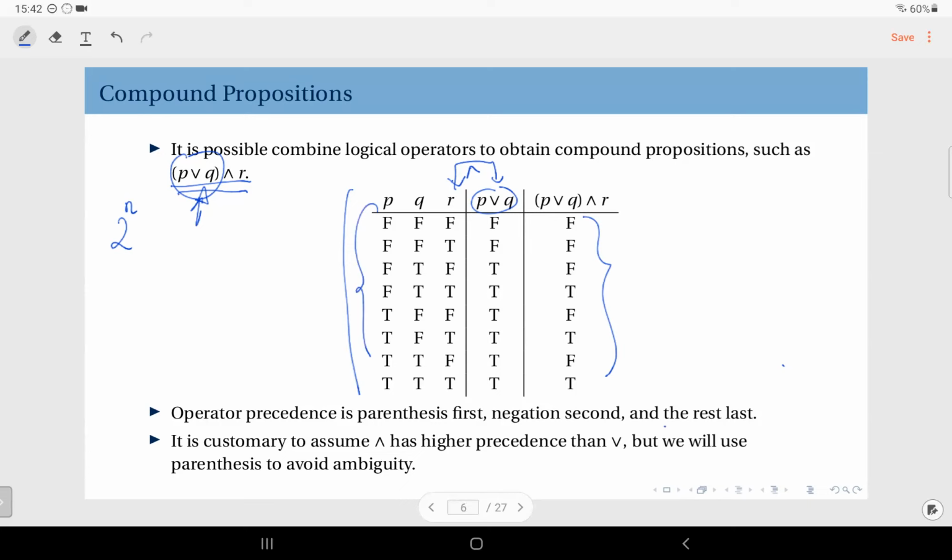Right, so operator precedence is, as I said, parentheses first, and negation second. Well, we do not have a negation in this example, but after the parentheses, you go for the negation, and the rest last. So negation as the unary operator takes precedence over the binary operators. Now, what about the precedence among and and or? I can form an analogy between this and the usual addition and multiplication with numbers.